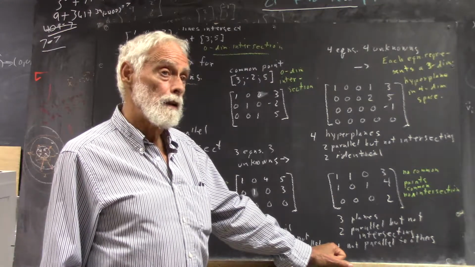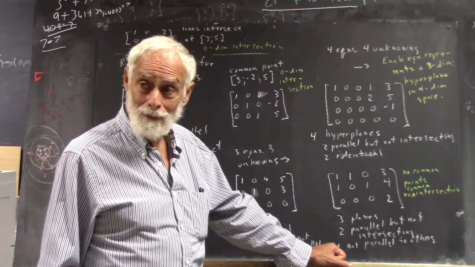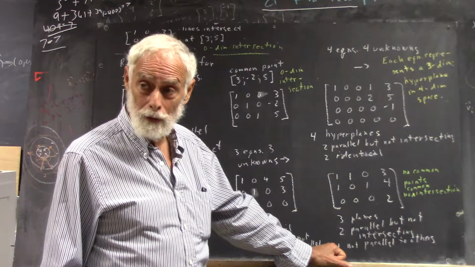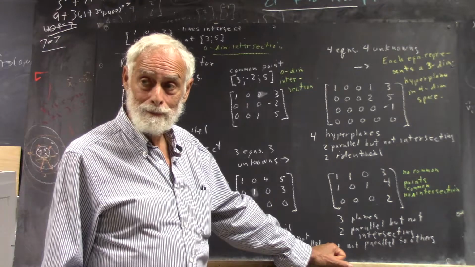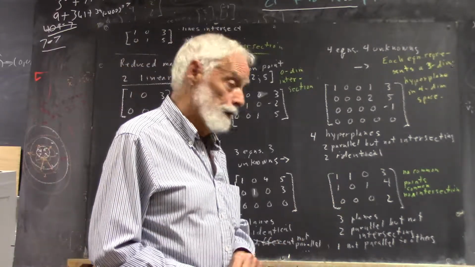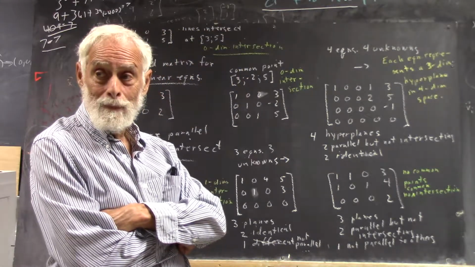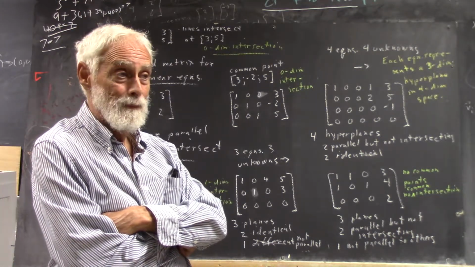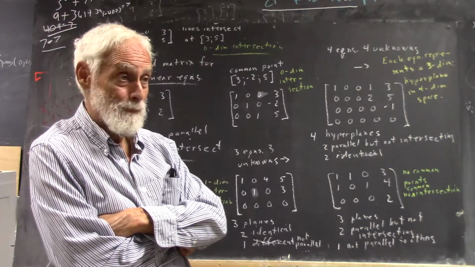If planes are parallel and not intersecting, what can you say about their intersection? Empty. There is no intersection. Intersection's an empty set. Okay? Well, so what are you going to say about two parallel but not intersecting three-dimensional hyperplanes? Well, it means they don't intersect. It means they don't have any points in common. Right?